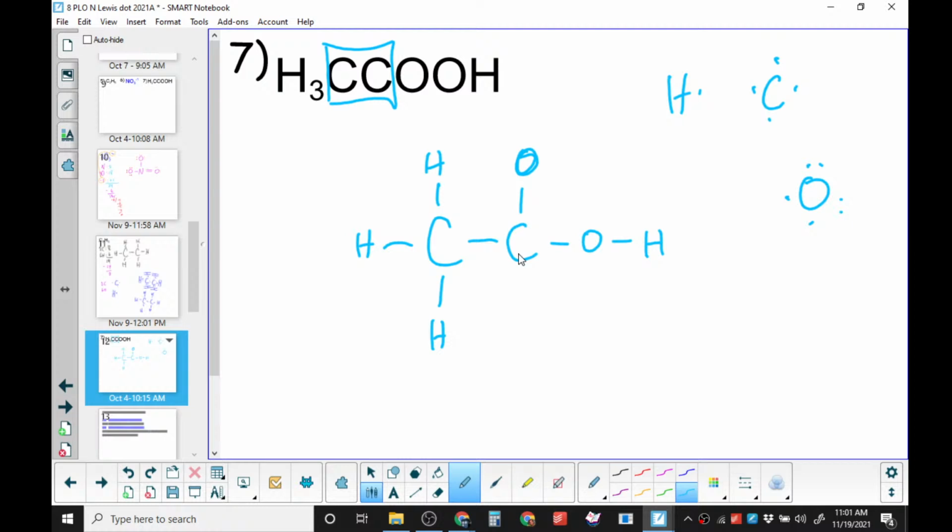And have you been counting your electrons for this one? Well, let's go through it again because you have way too many electrons here. You've overcounted because how many is hydrogen happy with? 2. Hydrogen's an exception. It only wants 2.